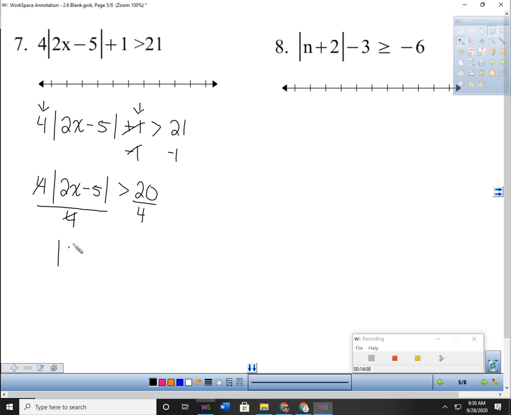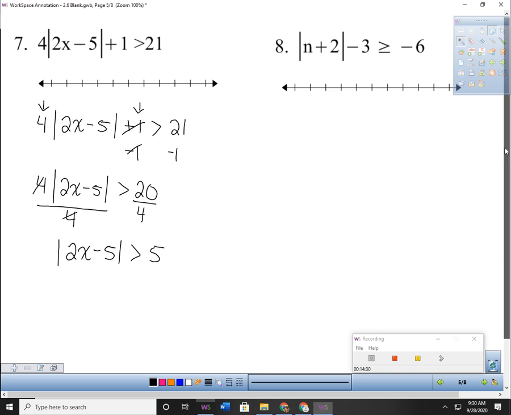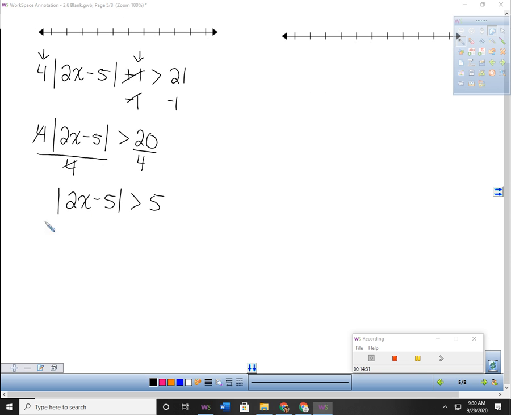So I have the absolute value of 2x minus 5 is greater than 20 divided by 4, which is 5. Now, since this is greater than, when I make my two problems, that means I'm going to have what statement? And or? Or, right? So I've got the 2x minus 5 is greater than 5. So exactly like it looks, but you got to take the absolute value bars off, right?